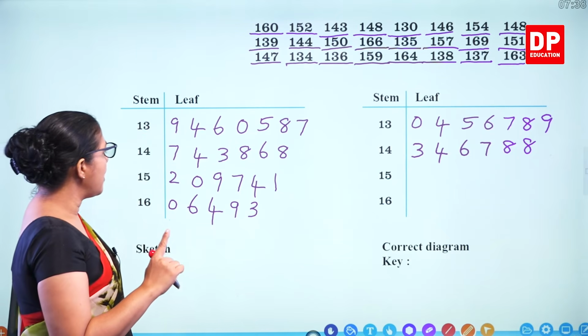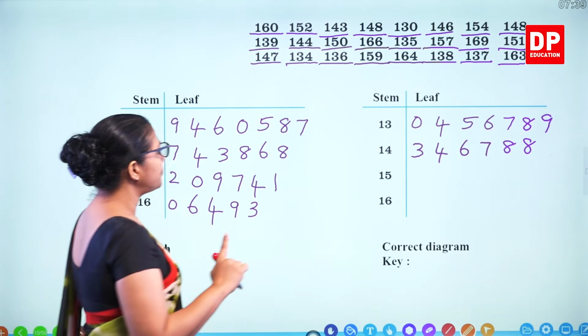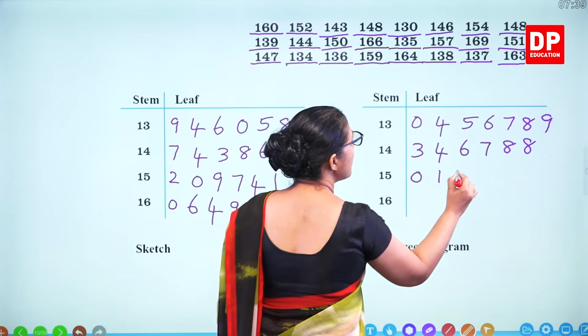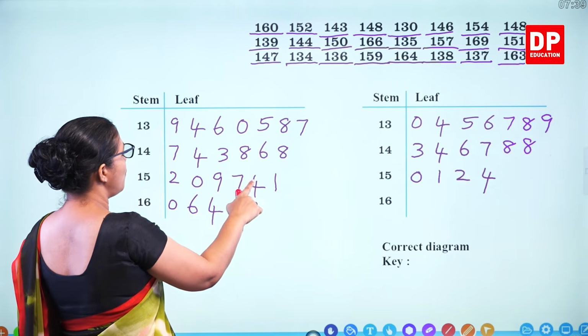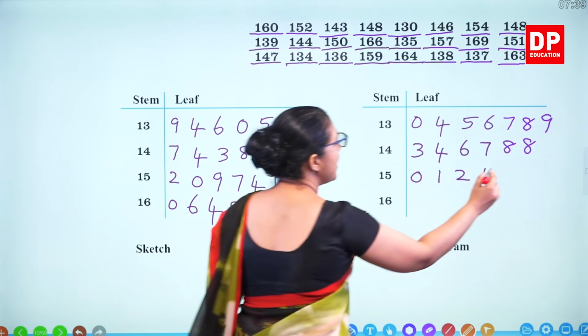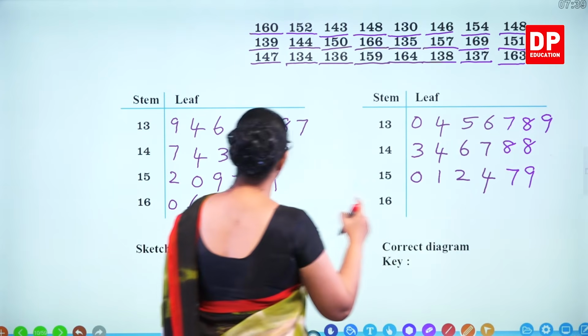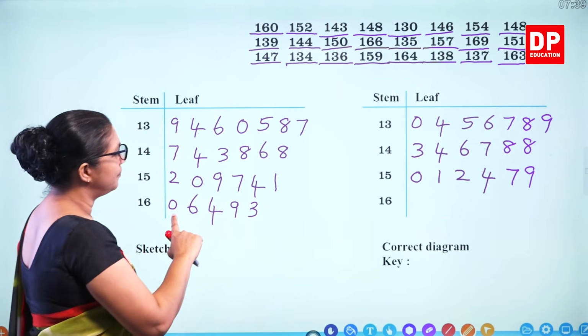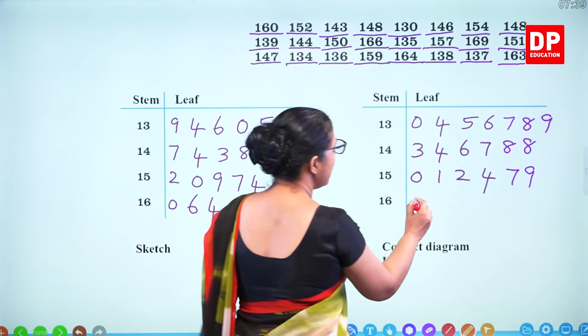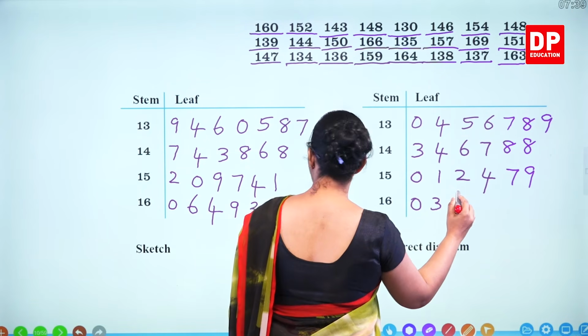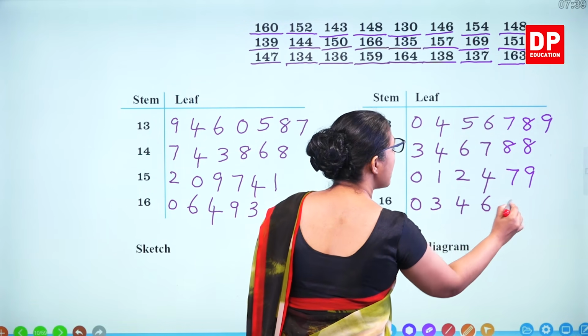This one, 15: 0, 1, 2, then 4, 7, 9. Then the next one, 16: 0, 3, 4, 6, 9.